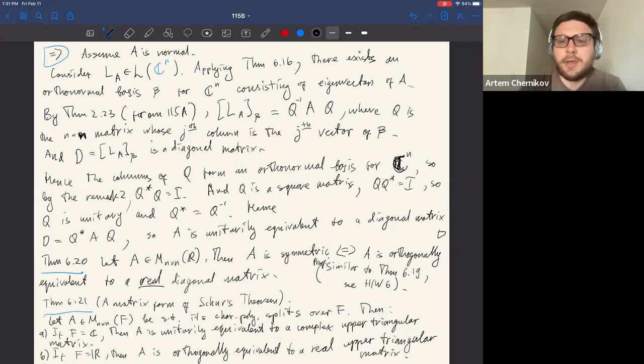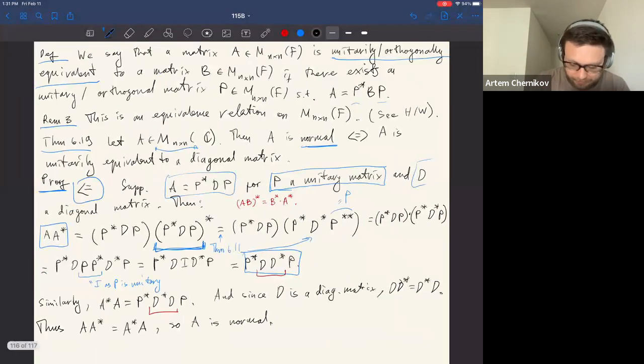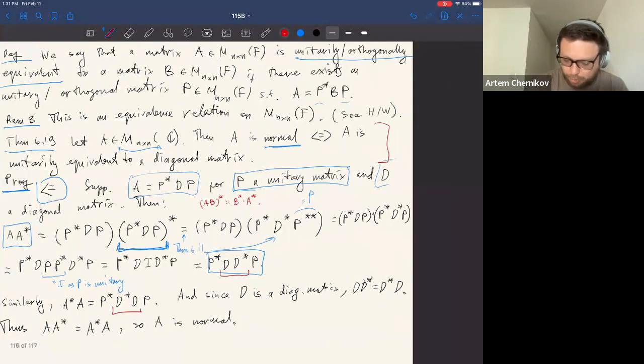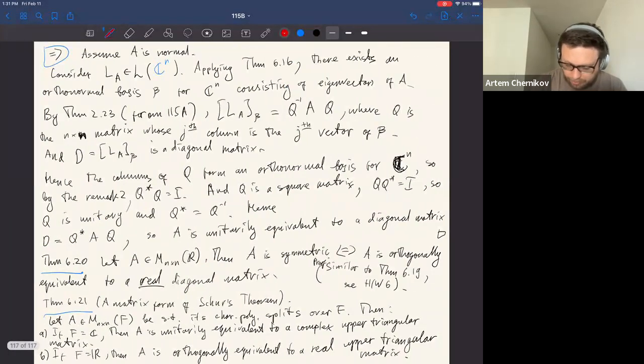This theorem follows from Schur's lemma for linear operators and the results we just obtained. We obtained theorem 619, which tells us that a matrix is normal if and only if it's unitarily equivalent to a diagonal matrix, for example, and similarly theorem 620. So the matrix form of Schur's theorem follows from these results and the usual Schur's theorem for linear operators.